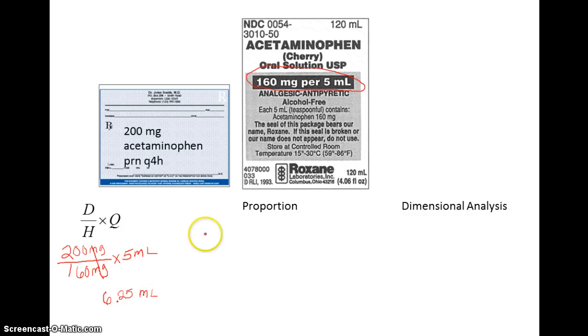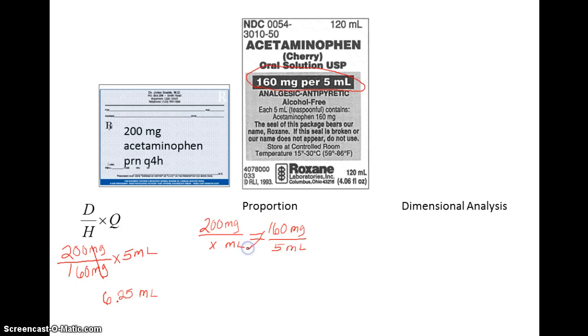We're going to repeat the same problem using the proportion. In the proportion method, the doctor has ordered 200 milligrams, and we would like to convert that into an unknown amount of milliliters, so we put X milliliters. We are making equal fractions, so we put an equal sign, and we use the 160 milligrams over 5 milliliters, which is the dosage strength, the same information we used before.